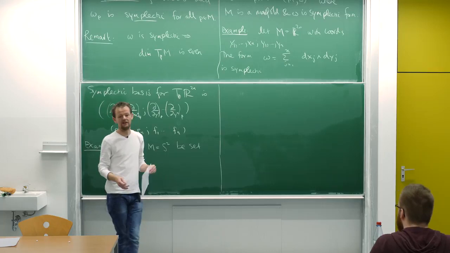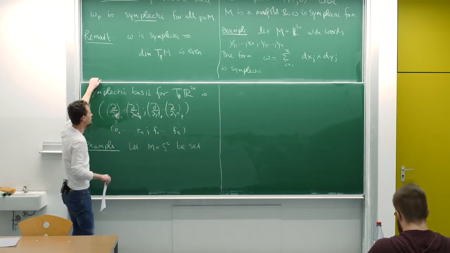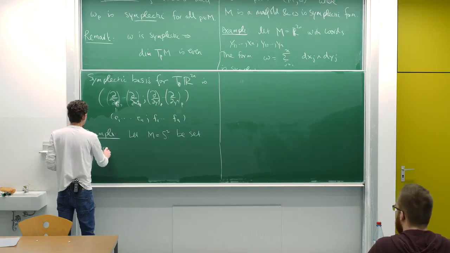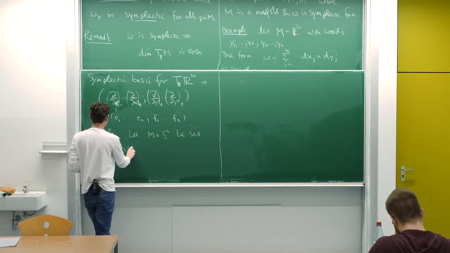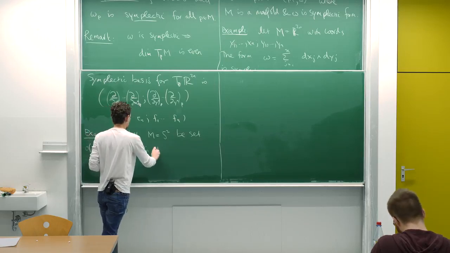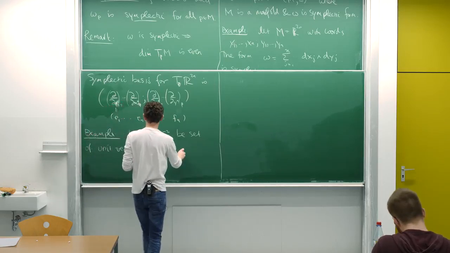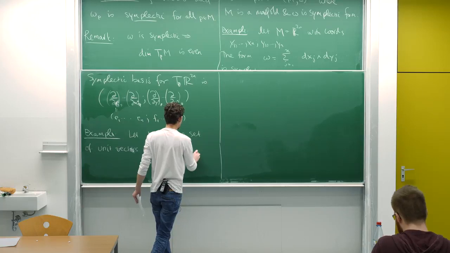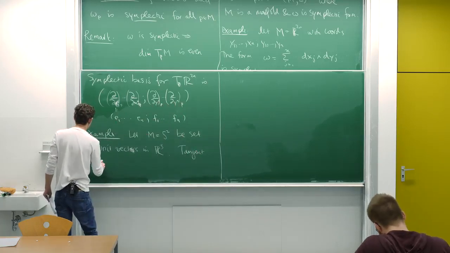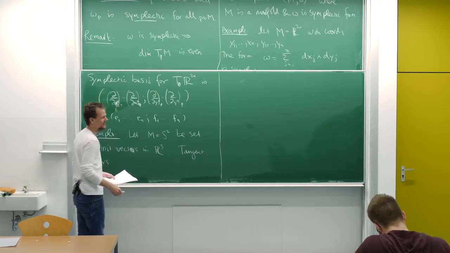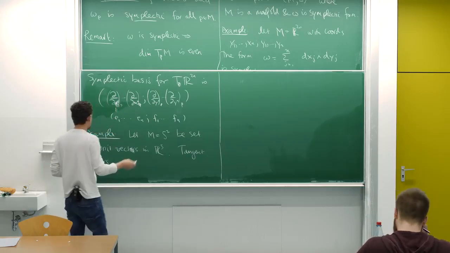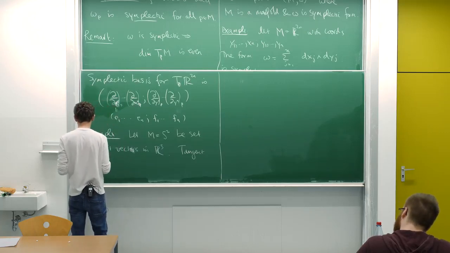We're going to realize it as an embedded manifold of R3. So it's just the set of unit vectors in R3, and tangent vectors are just vectors that are orthogonal to the unit vector pointing to the point on the sphere.